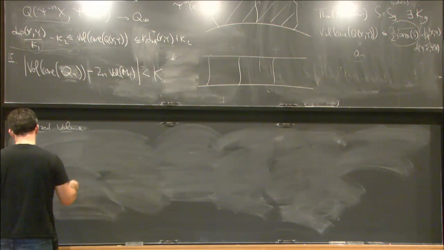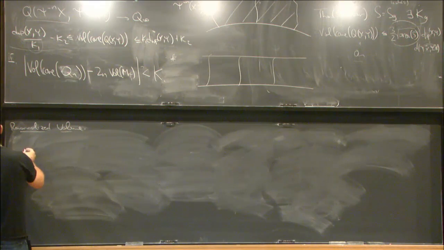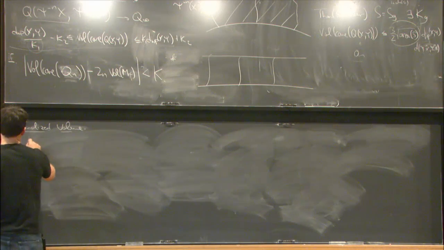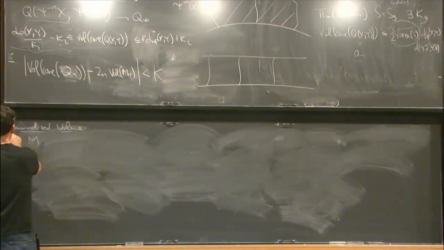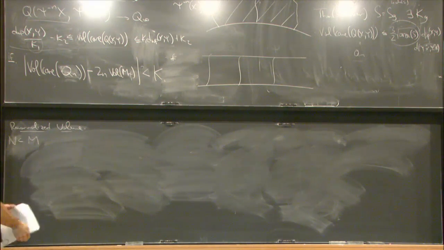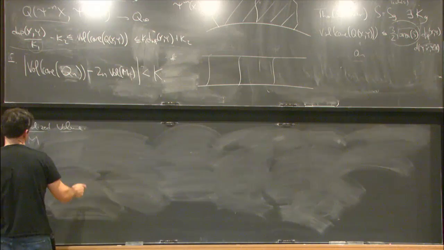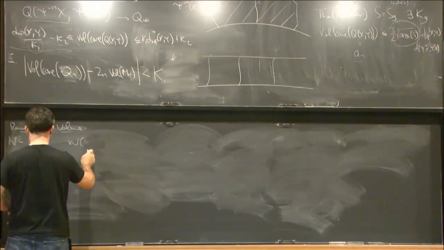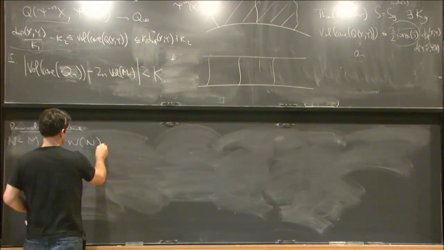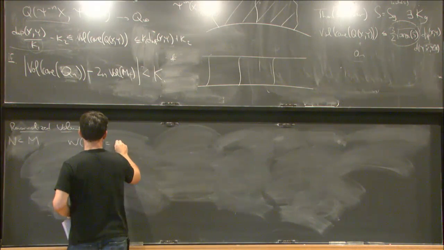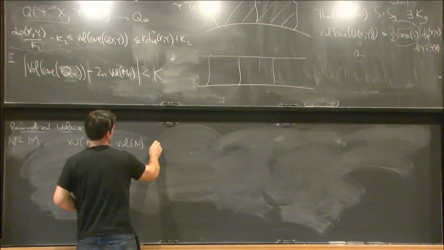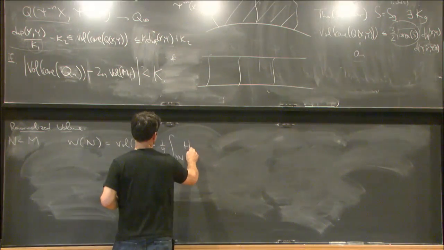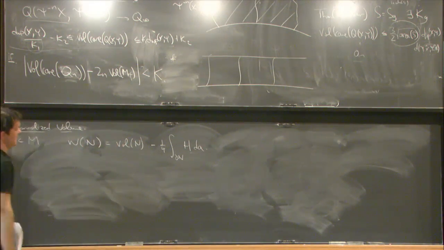And so what they do is they define something. This is for any infinite volume hyperbolic 3-manifold M, and if we have a convex submanifold N with smooth boundary, then we can consider the W volume associated to N, which is the actual volume of the convex submanifold minus a correction term, which is 1/4 the integral over the boundary of N of the mean curvature with respect to the induced area.